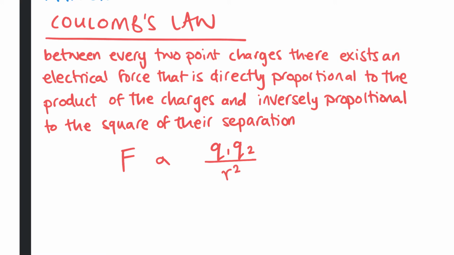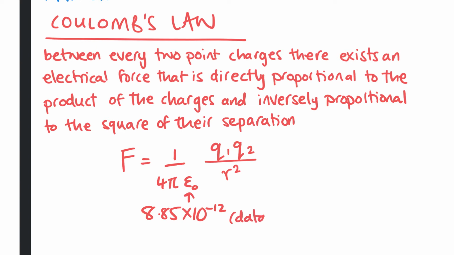And the constant in this case, if we get rid of that proportional sign and replace it with equals a constant, is 1 over 4 pi epsilon naught. So epsilon naught is the permittivity of free space, and this is a value that is given to you on a data sheet, and it has a value of 8.85 by 10 to the minus 12.